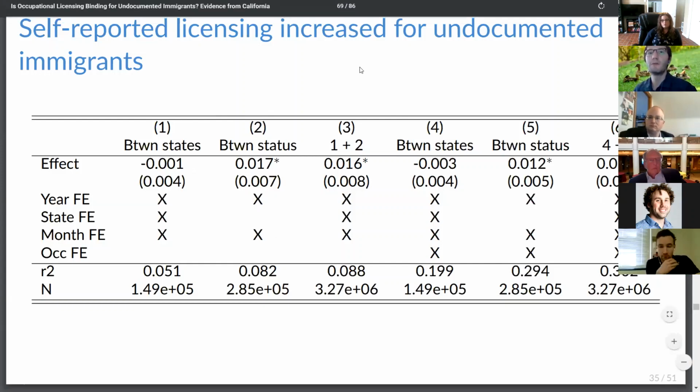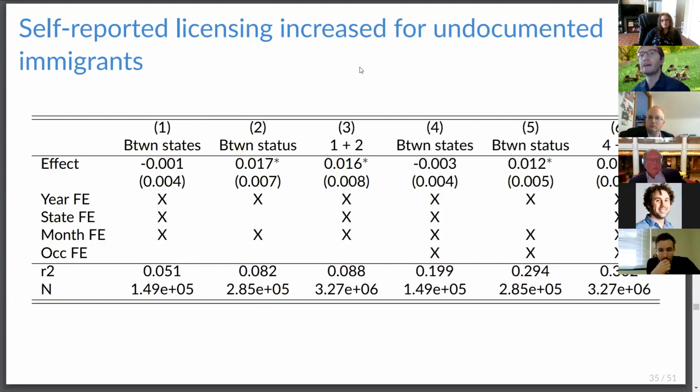The reason I like the triple difference in difference is that it admits this nice interpretation of the amount by which the licensing gap closes between undocumented and documented workers. My interpretation of this 0.016 is that after California passed its licensing law, that led to a 1.6 percentage point reduction in the gap in licensing rates between undocumented and documented workers.